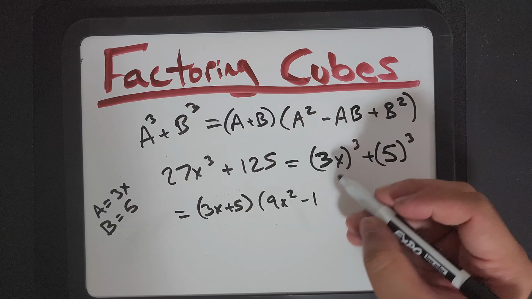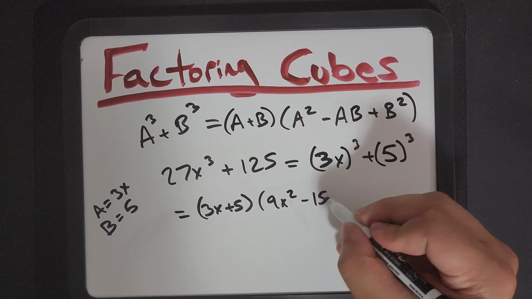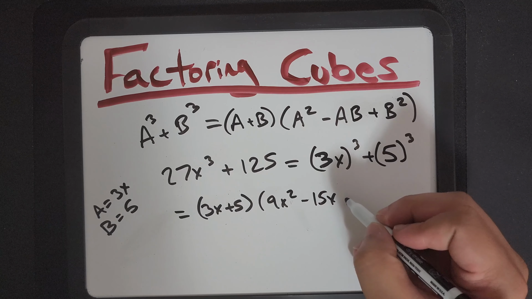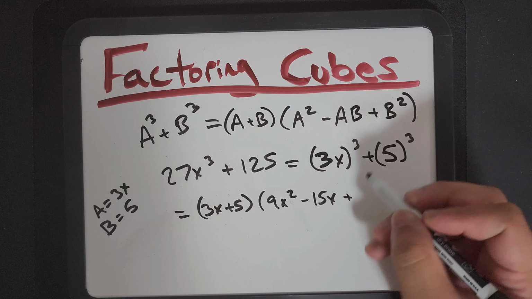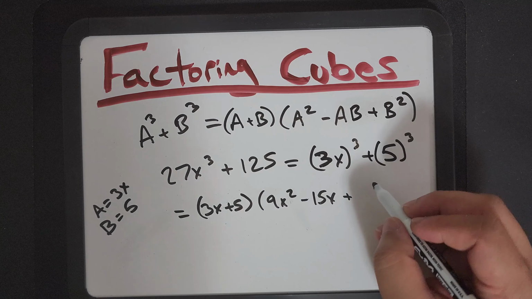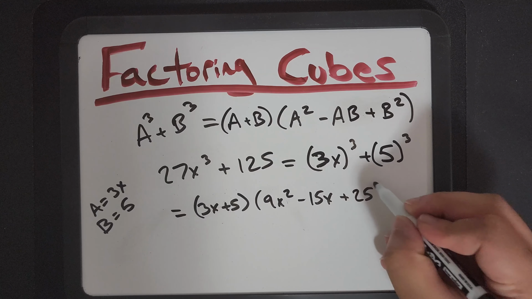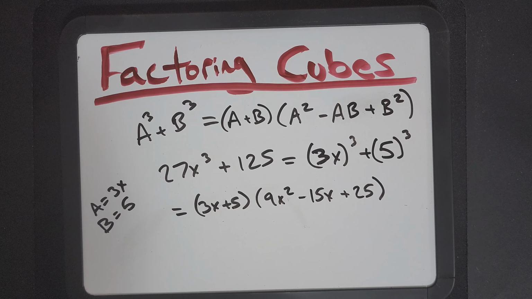So multiply these two, 15x, times b squared, plus b squared, which is 5 times 5 is 25. And there you go. Simple as that.